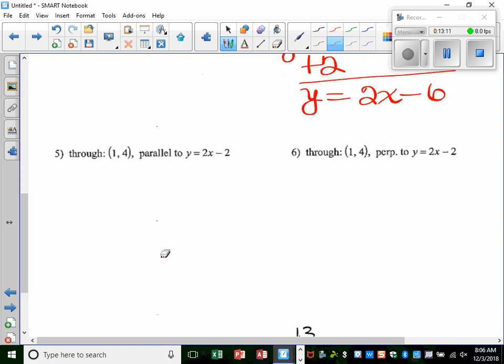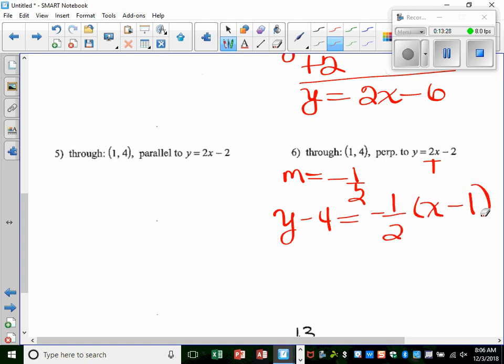Okay, so here's another 2. So the opposite of that will be negative, and then when I reverse this, it's going to be -1/2. Is that correct? Yes, so y minus 4 equals -1/2 times x minus 1. And then we'll distribute.